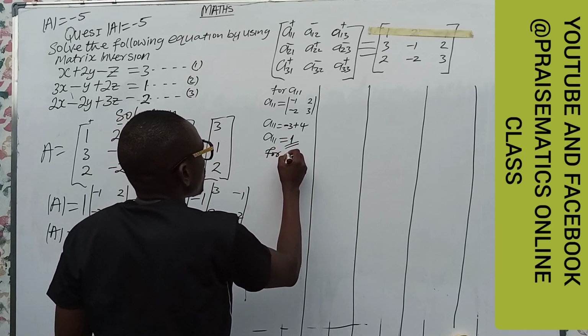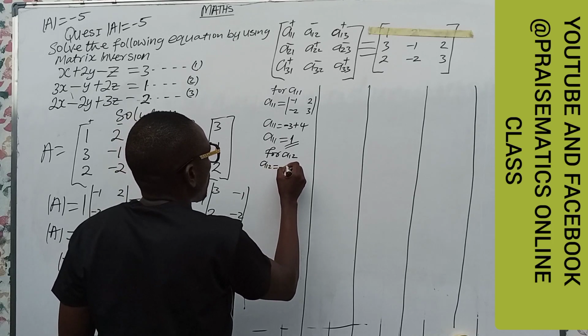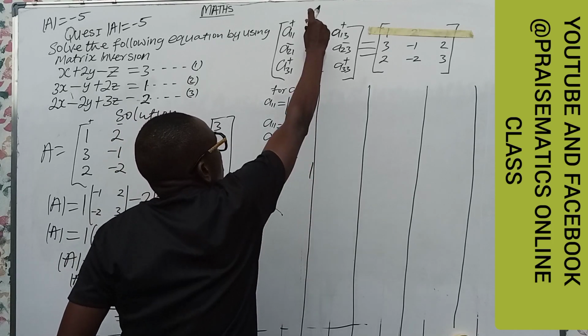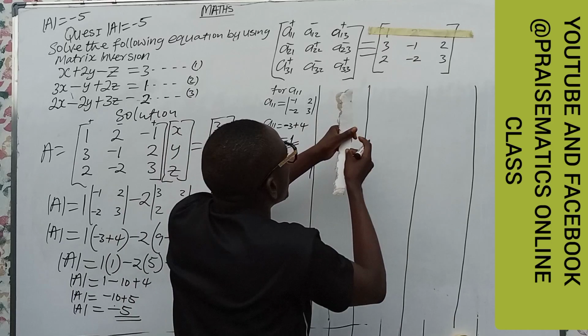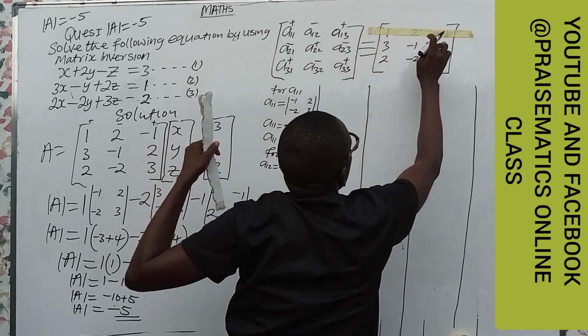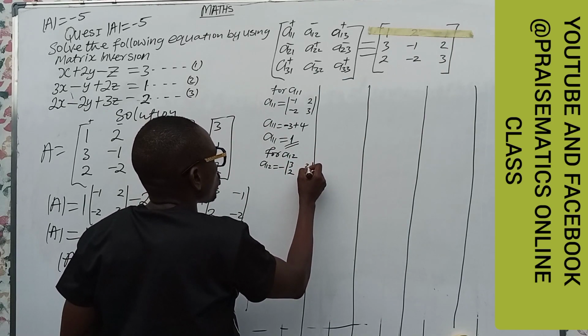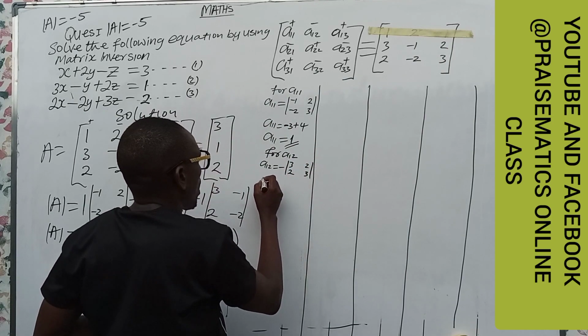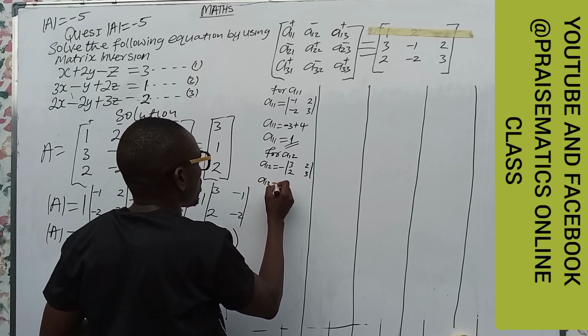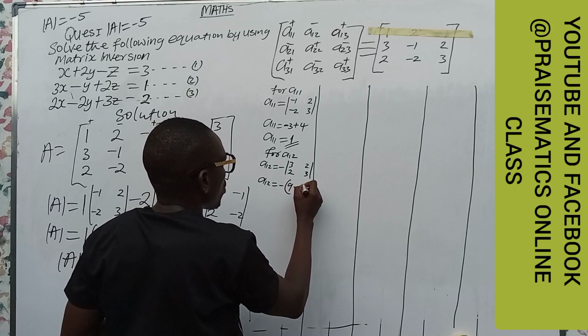For A12, our A12 is equal to minus, reduce this because it has minus. So we go to column 2. What do we have? We have 3, 2, 2, 3. So our A12 is equal to minus into 9 minus 4.